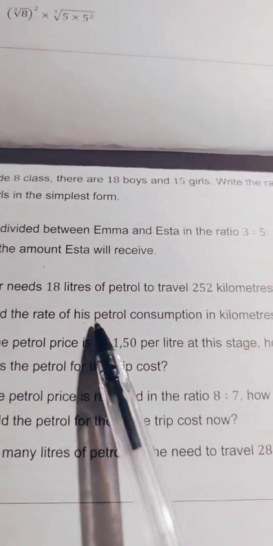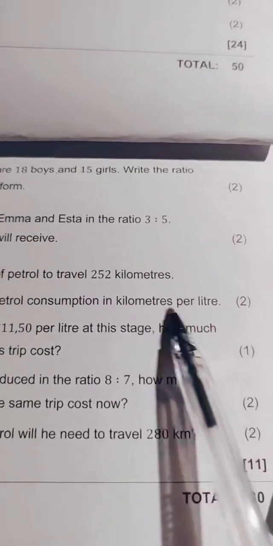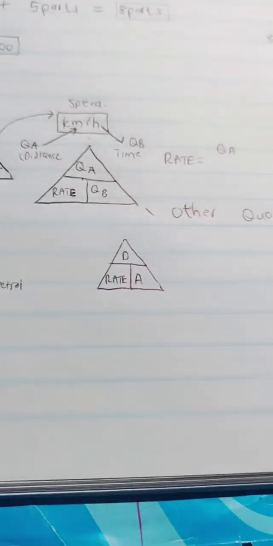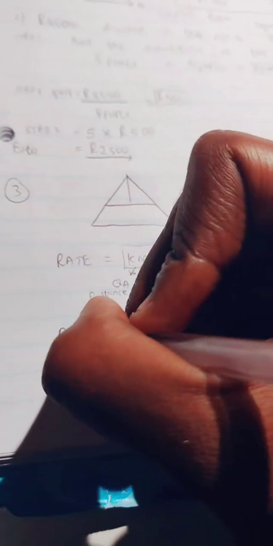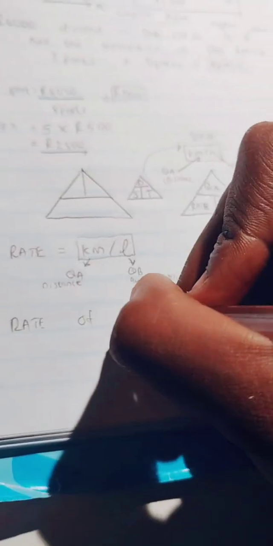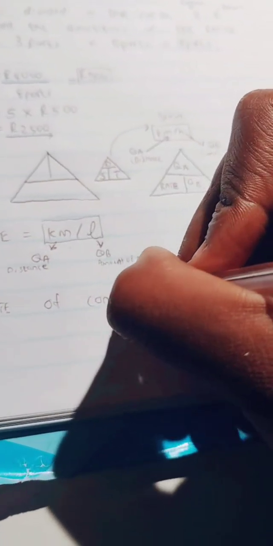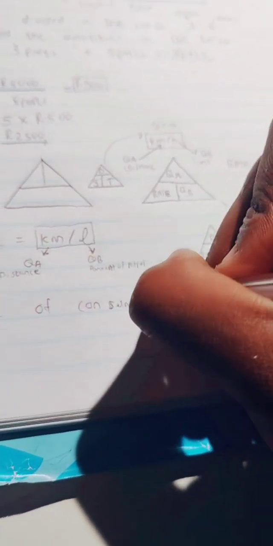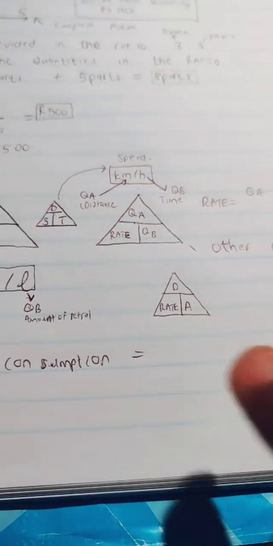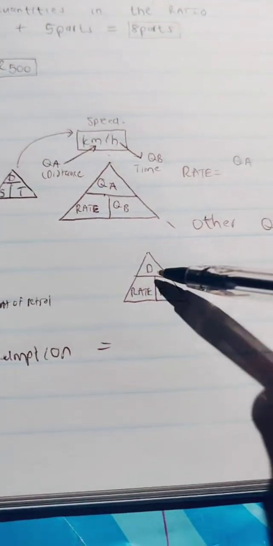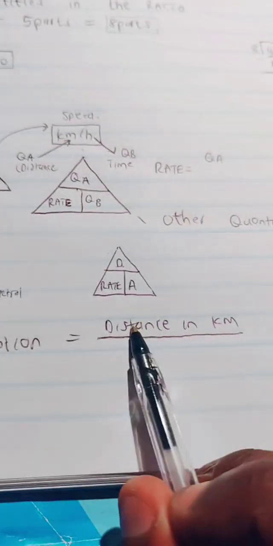What do they want me to calculate? The question says find the rate of his petrol consumption in kilometers per liter. So the rate of consumption is equal to the distance in kilometers divided by the amount of petrol in liters.